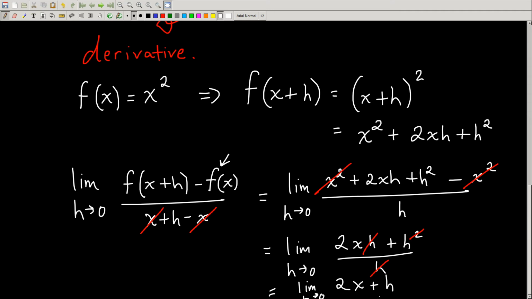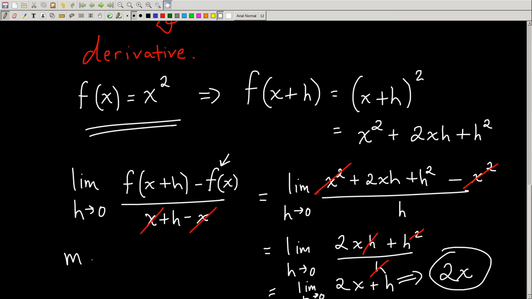Now if you make h equal to 0, what happens? All I'm left with is 2x. Ladies and gentlemen, the derivative of this function, f of x equal to x squared, is 2x. What does this mean? This means that if I take any x value I want on that parabola, for example x equals 2, and plug it in, I will get the slope at x equals 2.